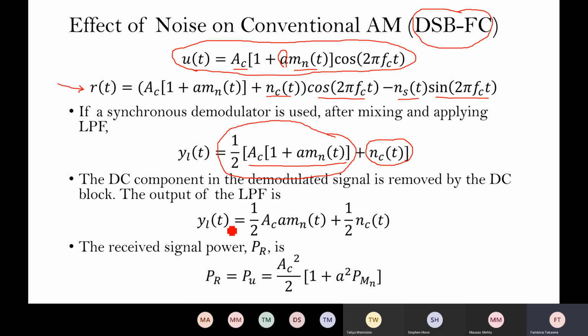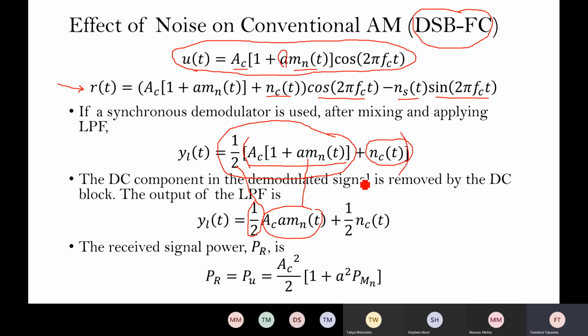So essentially the demodulated signal would be 1/2 times A_c a m_n, which comes from this component multiplied by 1/2 and by A_c, plus 1/2 multiplied by n_c, because notice that this bracket is actually this bracket.